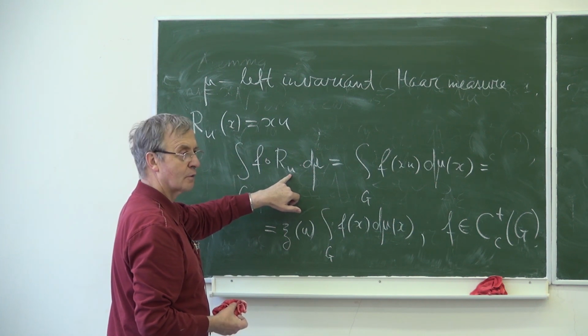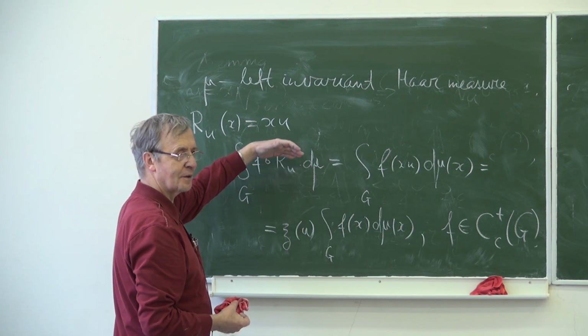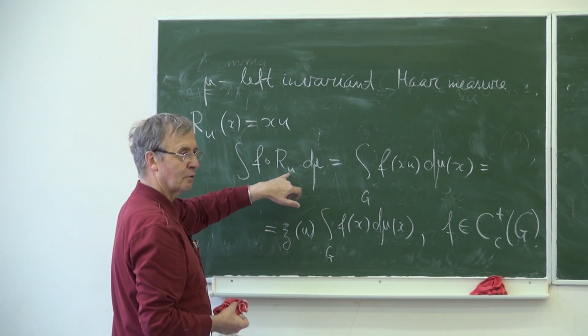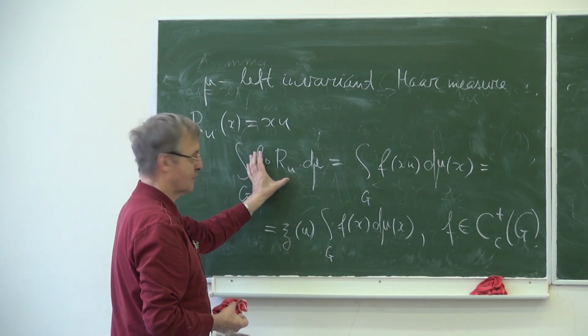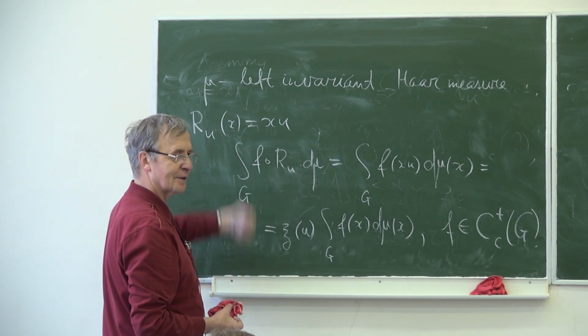Here I need to write uniform continuity, but we have proved even two-sided uniform continuity. So if u1 is close to u2, then these functions are uniformly close by the lemma which you proved before.